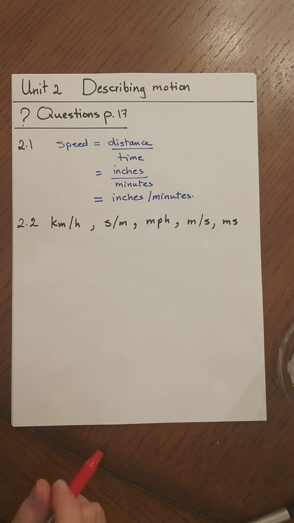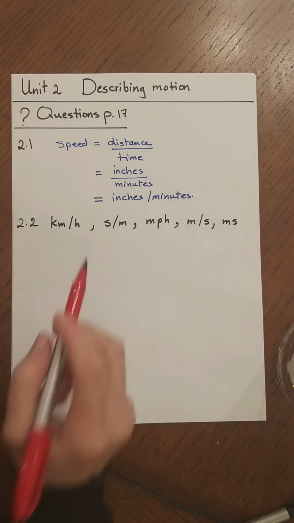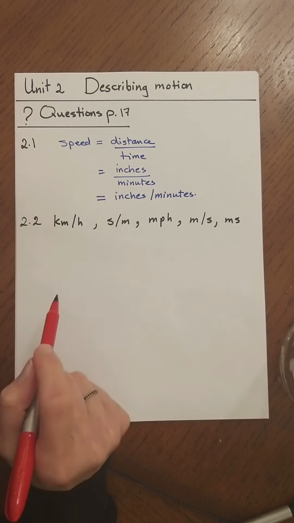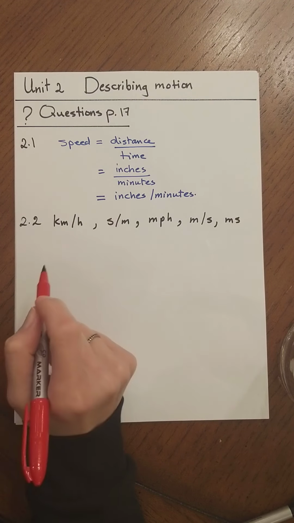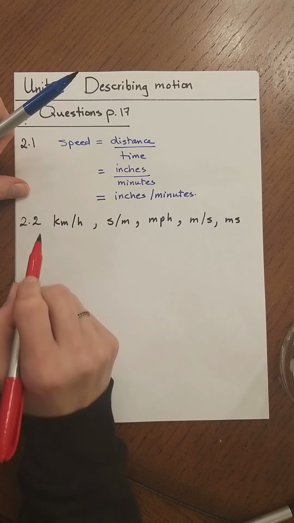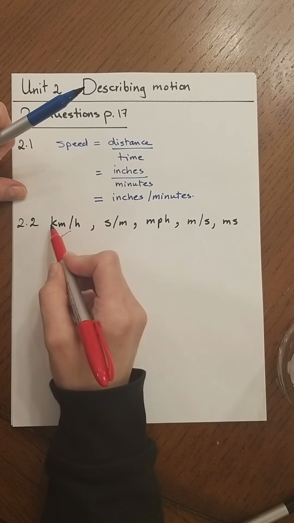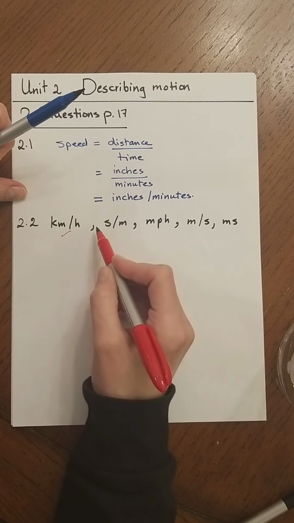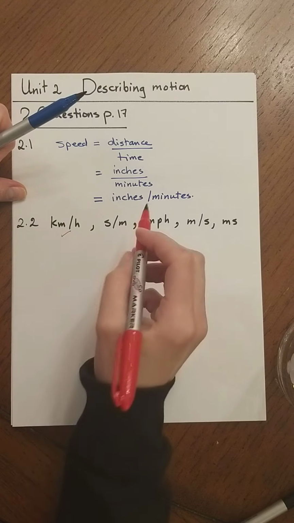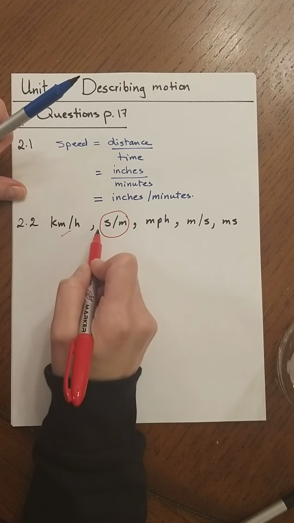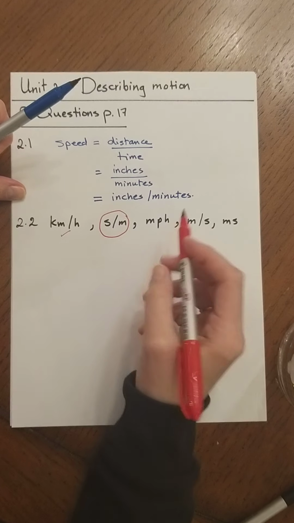Question 2. Which of the following could not be a unit of speed? So the unit of speed should remind you that you divide distance by time. I'm going to look at each unit here given and see if they are dividing distance by time. Kilometer per hour, yes, they are dividing distance by time. Seconds per meter, this could not be a unit for speed because here we are dividing time by distance.